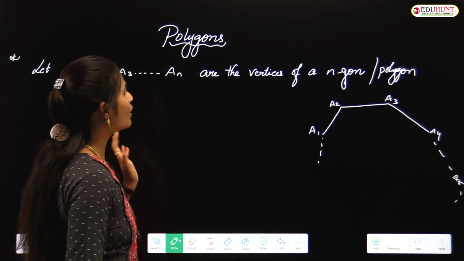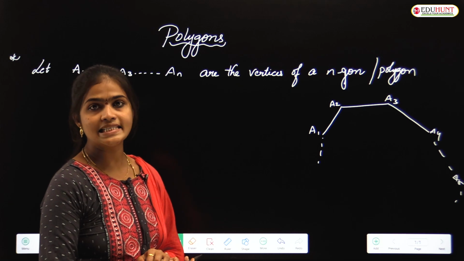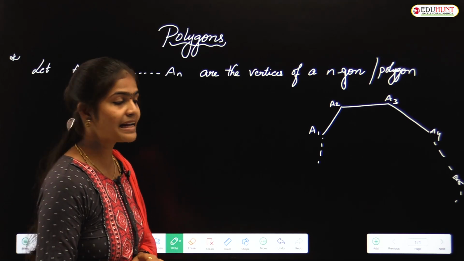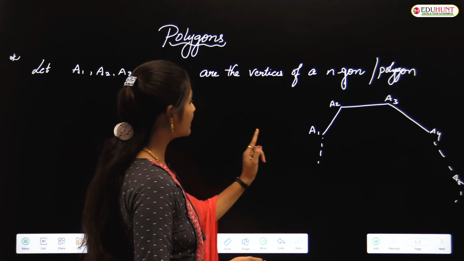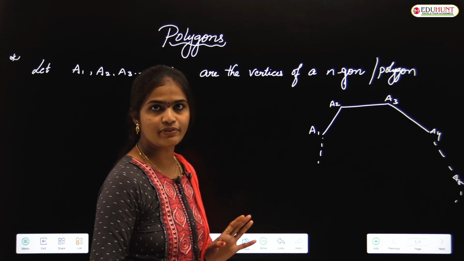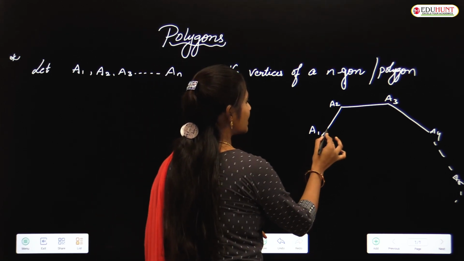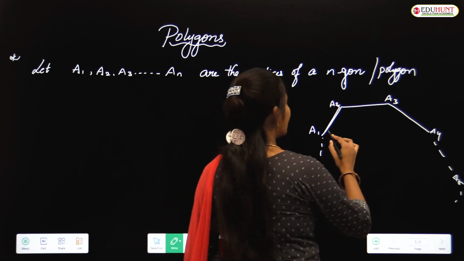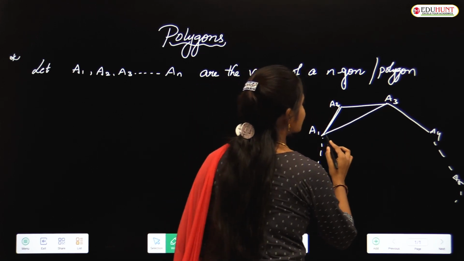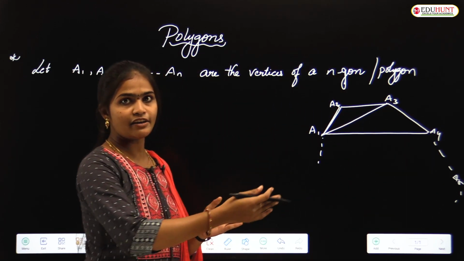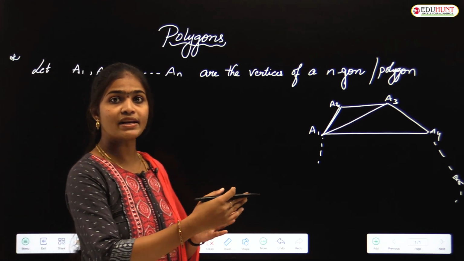So here, how to calculate the number of line segments? First I am going to take the common vertex as A1. So the first line segment is A1A2. Next A1A3, next A1A4, A1A5, A1A6, A1A7 and so on.